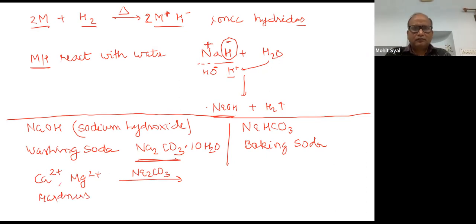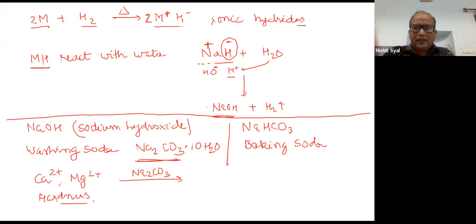If there is hardness, if the water is saline, it can't be used for laundry, because the soap, when it combines with calcium and magnesium ions, settles down. So the soap becomes ineffective. It can't be used to wash clothes. So you have to remove these calcium and magnesium ions.